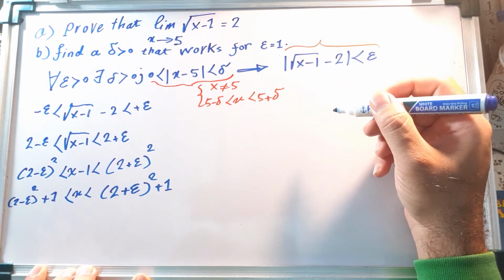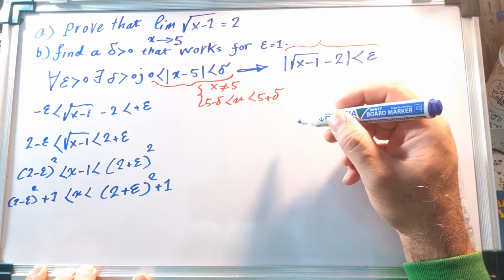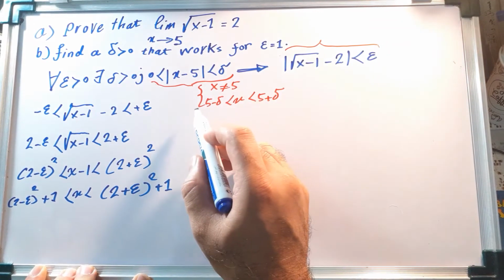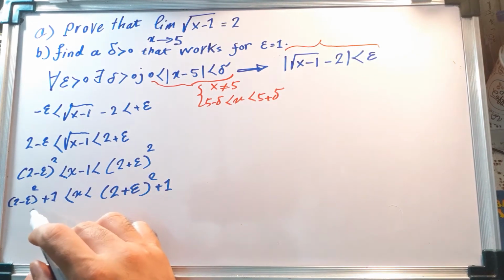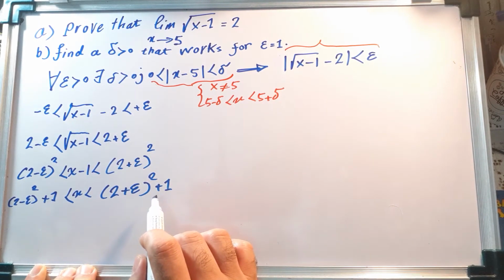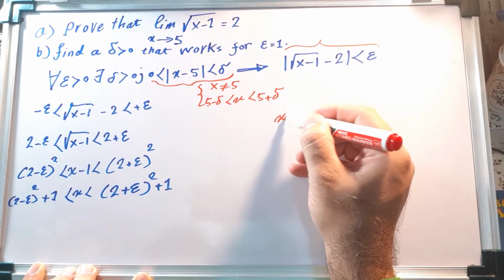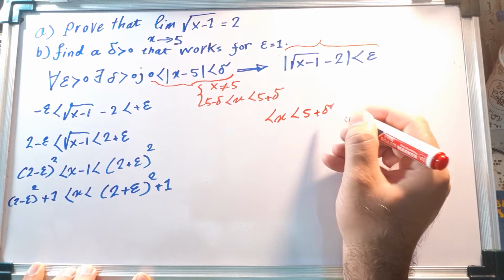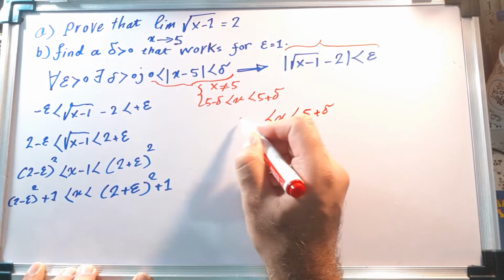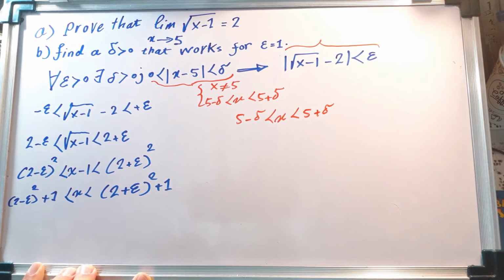Now we should have a comparison between delta expression and epsilon expression. X is less than 5 plus delta and greater than 5 minus delta.